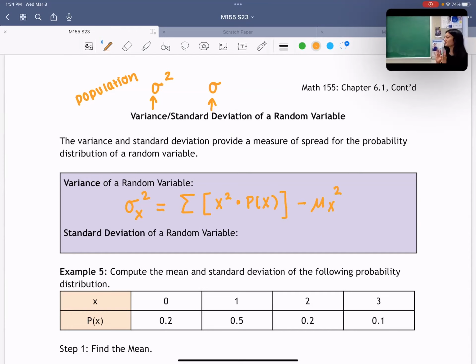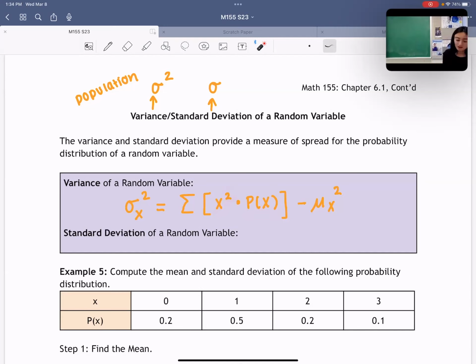Okay, there's a lot going on here. I promise it's not as bad as how it looks. So let's just take a look at what this is saying. We take each of the data values x, and it says we have to square them. After you do that, we multiply by the probabilities. So it's very similar to that mean formula, except we're squaring x before we multiply.